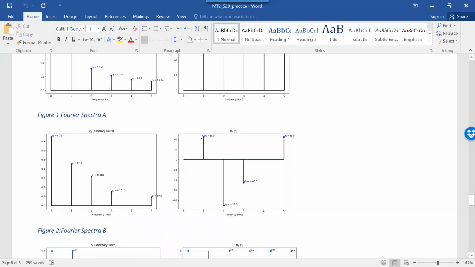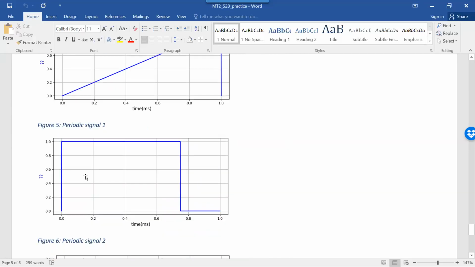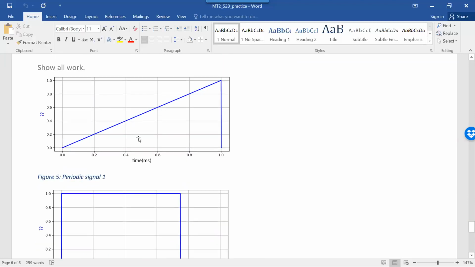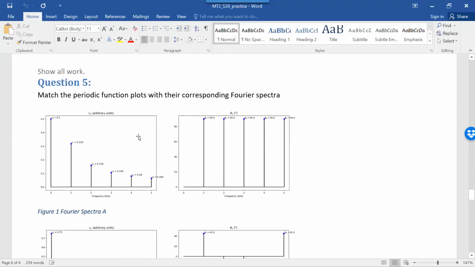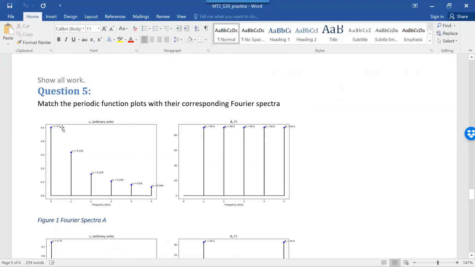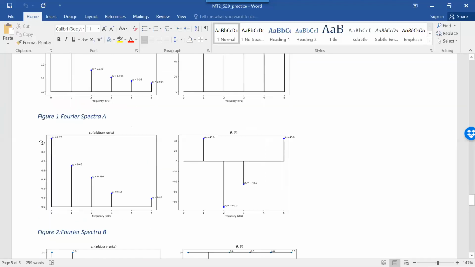So if I come back here, you know that things like this have a lot of higher order harmonics. So which one's which? Well, for the first one, we said the DC offset was 0.5, and that one's got 0.5. And then the other one, we said it was somewhere between 0.6 and 0.8. Well, there's 0.75.